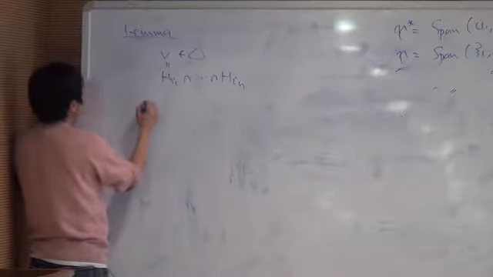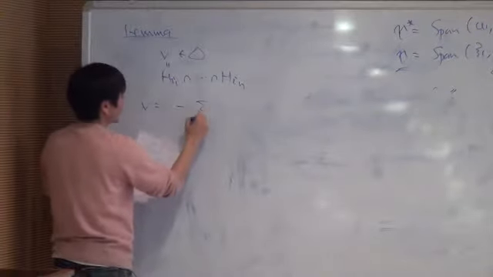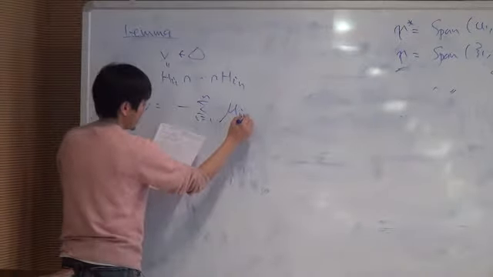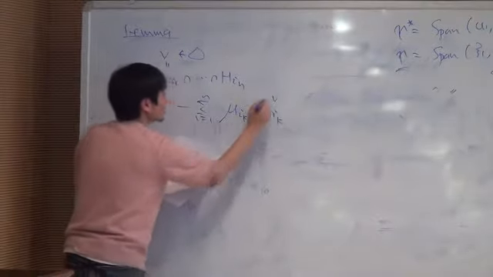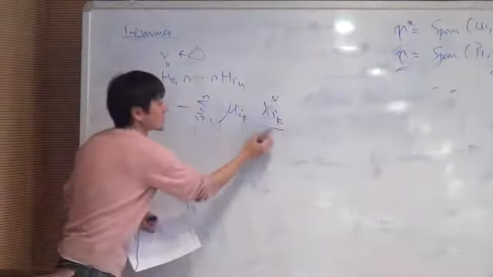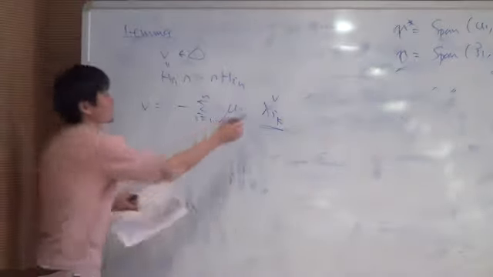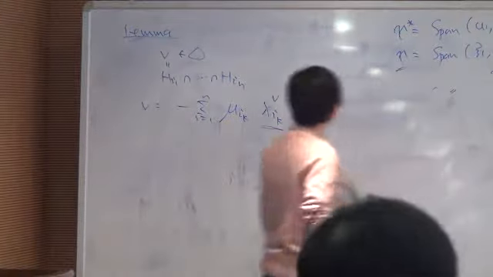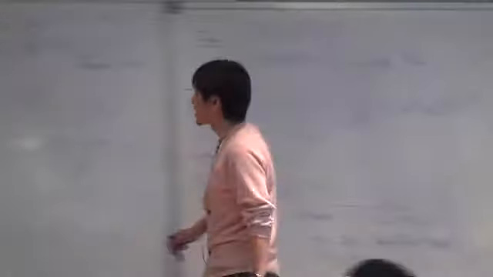And the claim is V is written as minus of mu_ik lambda_ik d. Yeah? So again, this is the primitive generator of the edge coming out of the vertex V. In the corollary I wrote in here. And so basically, what does this say, right? What is mu_ik?